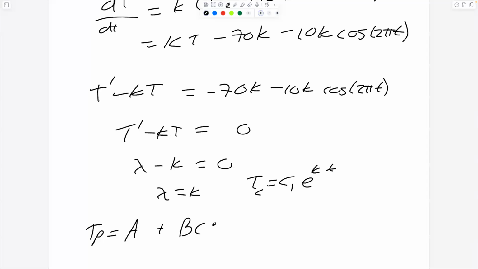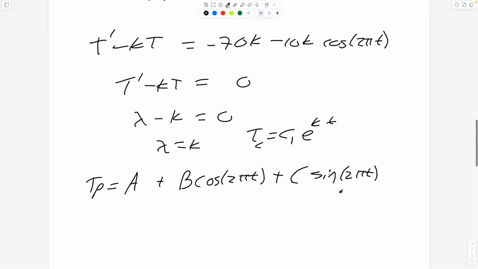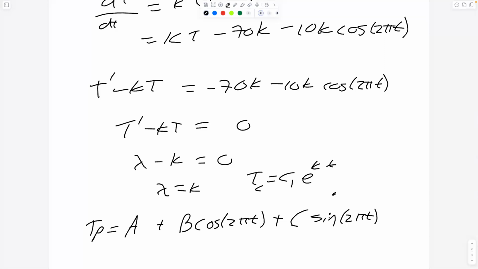So some b times a cosine 2 pi t plus some c times a sine 2 pi t. And you'll solve for a, b, and c. Take the first derivative. It's a non-homogeneous equation. Solve it using undetermined coefficients. Find your coefficients, stick it all together.